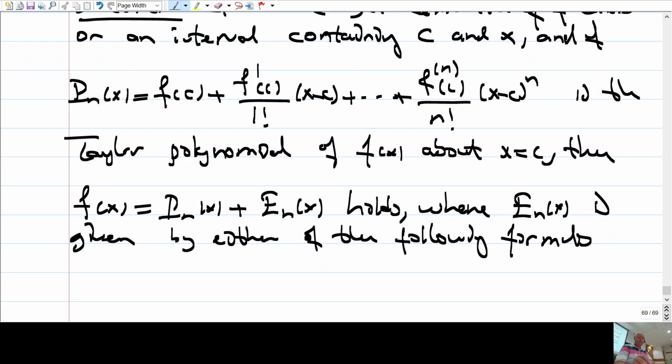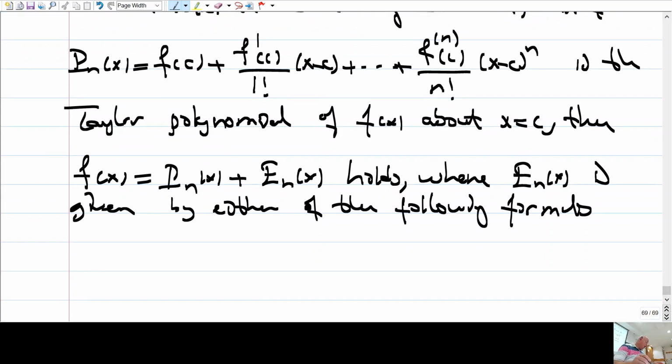So f of x is approximated by this polynomial, the Taylor polynomial, and the error term. So the actual value minus the approximation is the error term, the error term corresponding to this nth polynomial approximation. And the formula for En of x is the following.